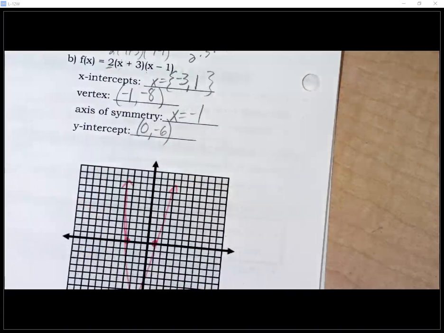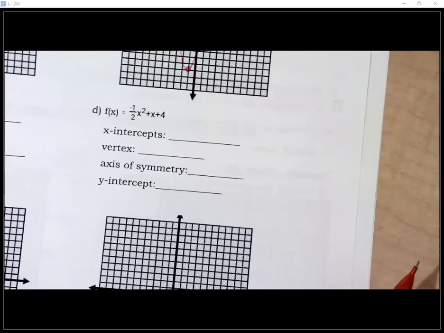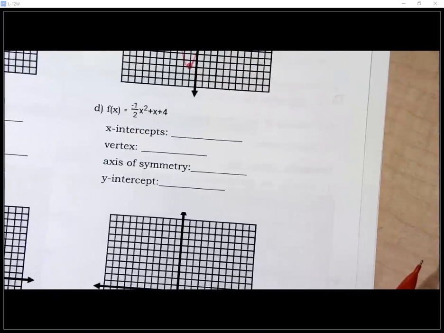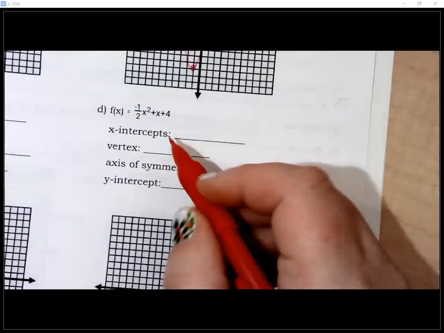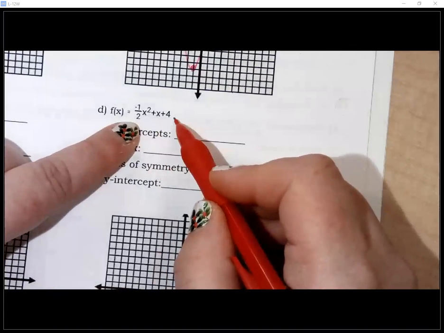The last one I want to do together is the fourth one, D here. Because this one we hit a little bit of a snag. A is not 1.